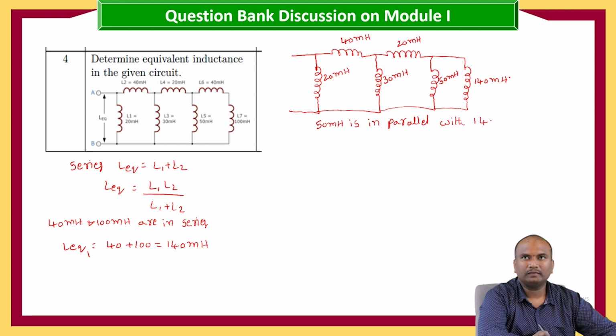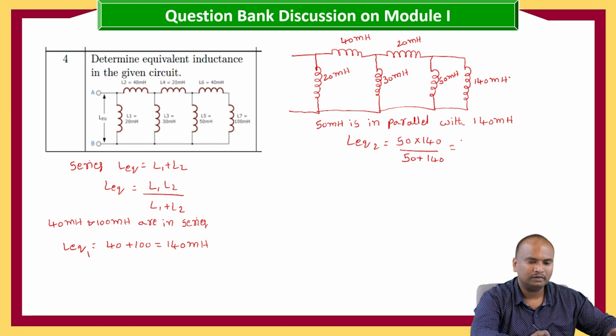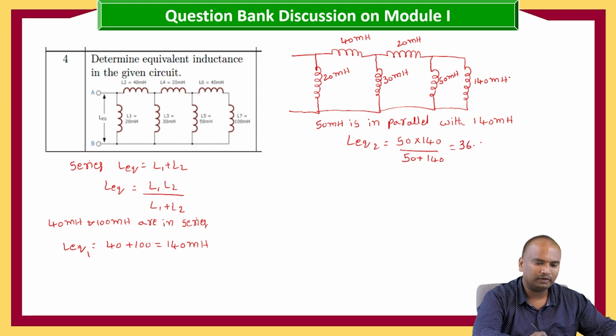So L equivalent 2 is equal to 50 into 140 by 50 plus 140, which is equal to 36.84 millihenry. Now let us redraw the circuit.